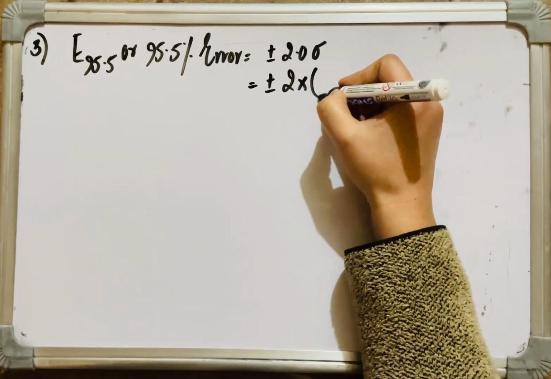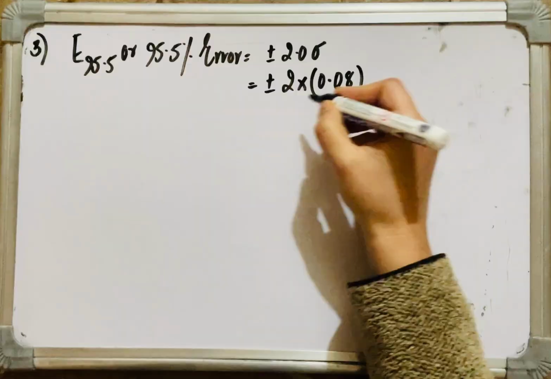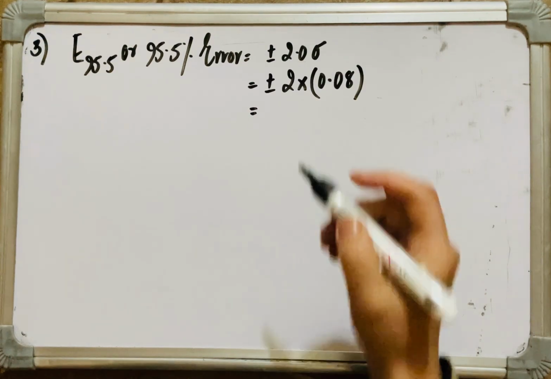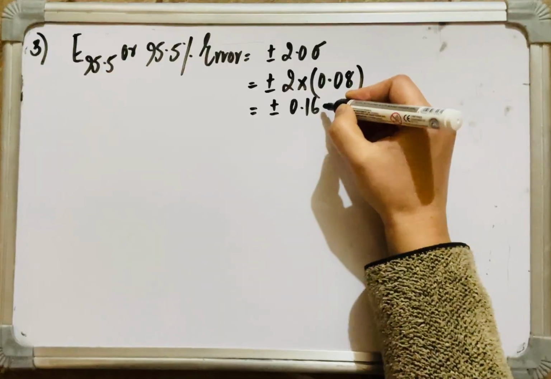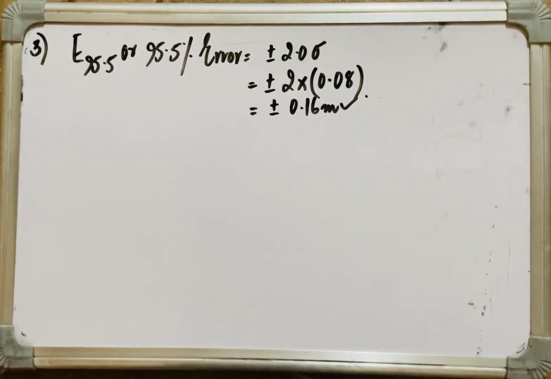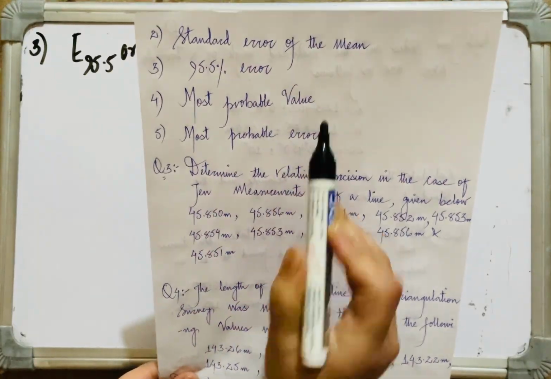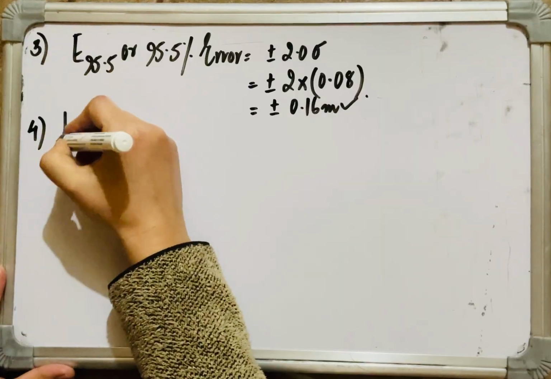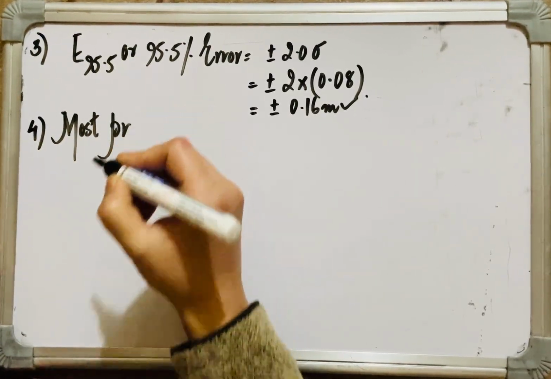It was 0.08 meters. So by calculations, my E95.5, the 95.5% error, is equal to plus minus 0.16 meters. All right, so this part is complete as well. Next, most probable value.